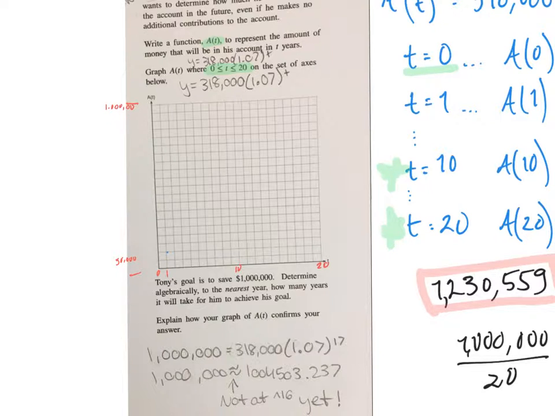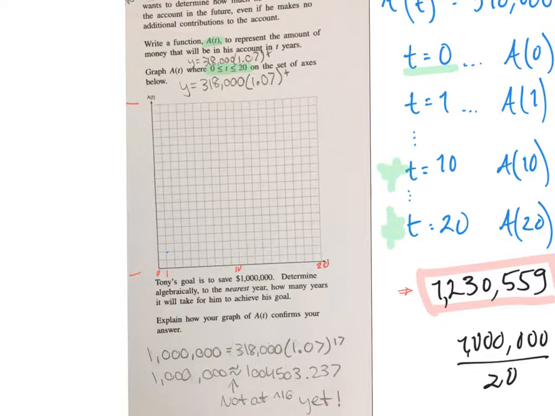The problem with that is we need to be able to represent $1.23 million. So instead of starting at the bottom at $50,000, I'm going to erase this. We're actually going to start at the bottom at $300,000. So our first tick will be $300,000.